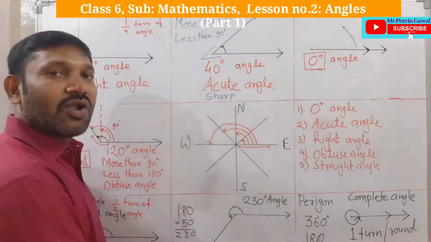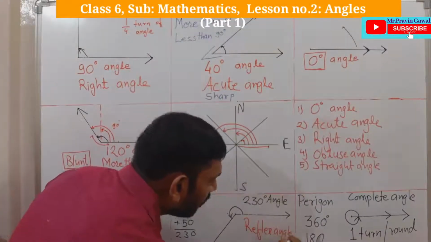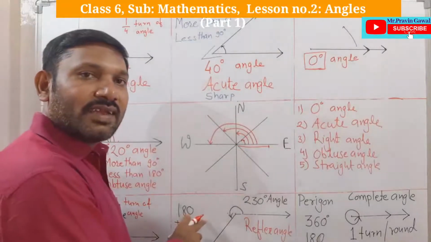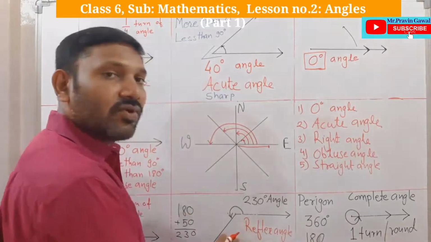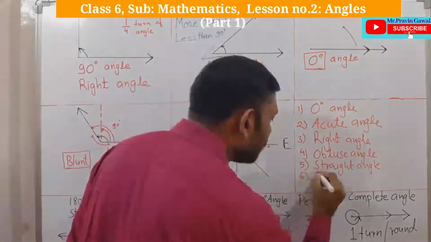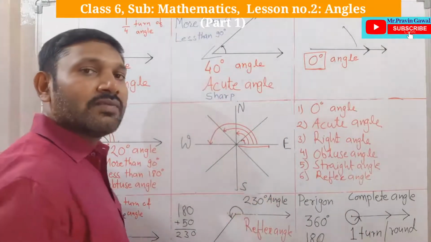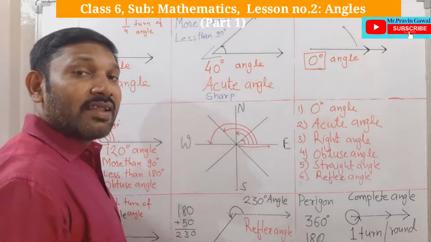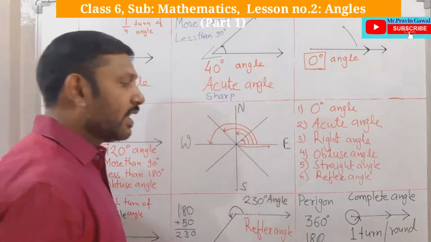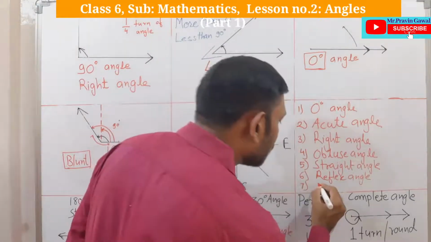This angle is called a reflex angle. I forgot to tell you, it is more than 180 degree and less than 360 degree. So it is called what? Reflex angle. Okay, and at the last we have learned the complete angle, round angle, or perigon angle, that is of 360 degree.